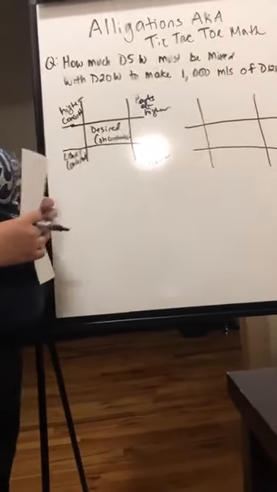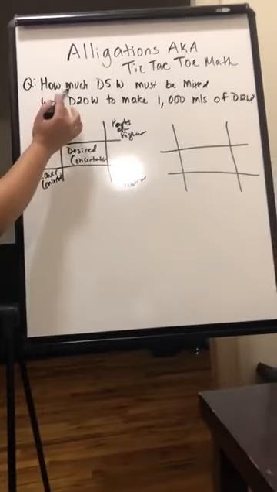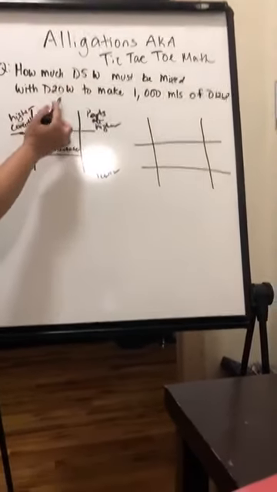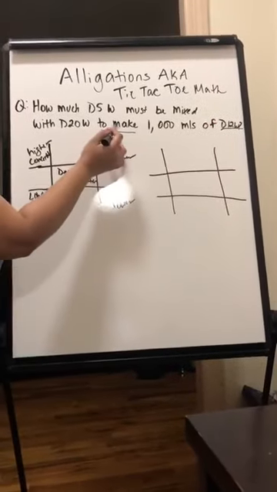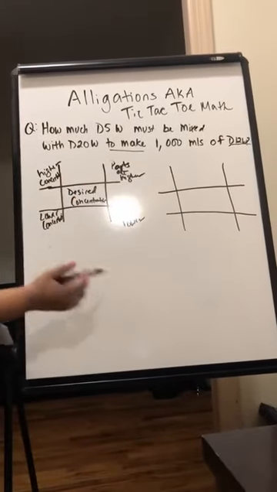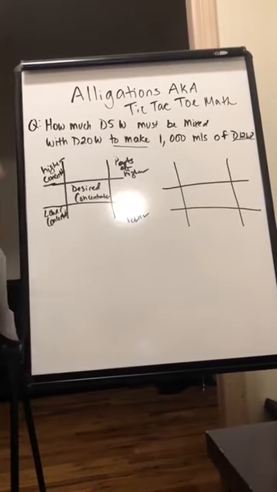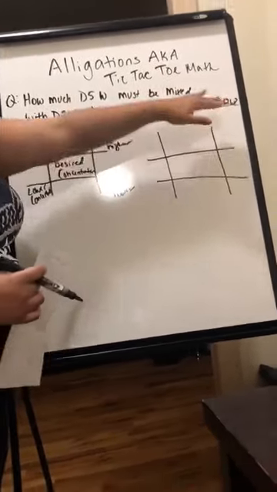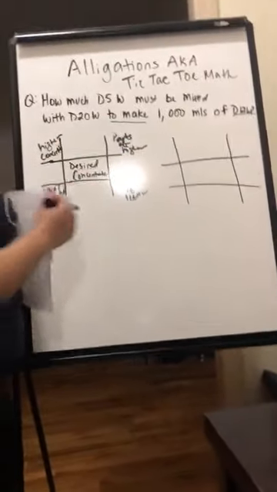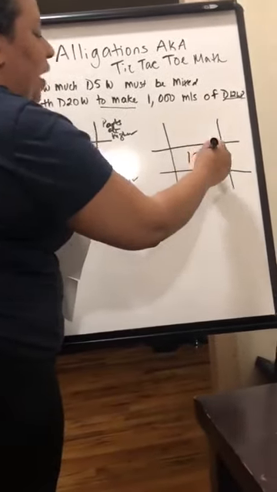It says how much of this must be mixed with that to make this. Whatever comes after make, prepare, create, put together, whenever you see those words, whatever comes after it is the number that is considered desired. So for this problem, 12 is desired.